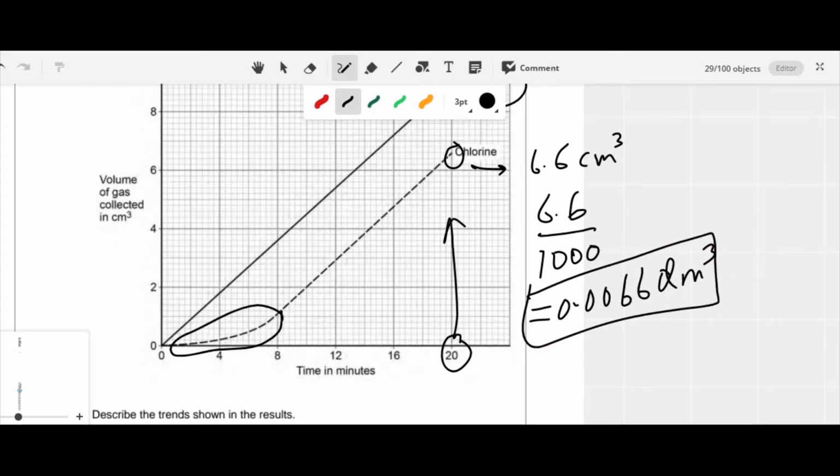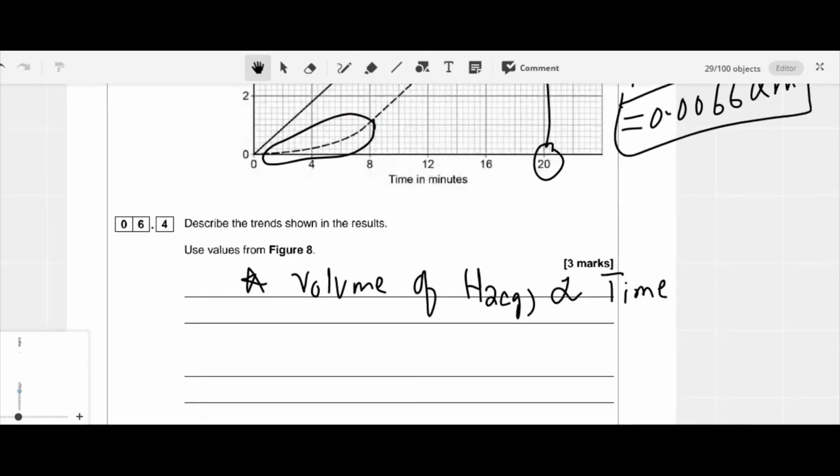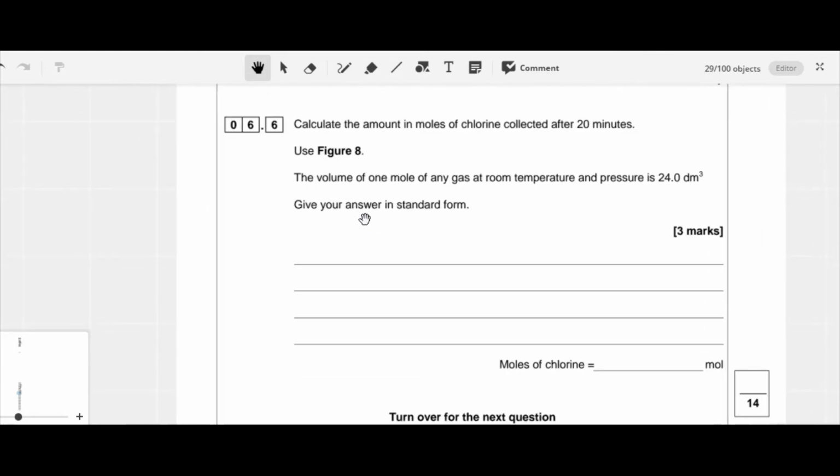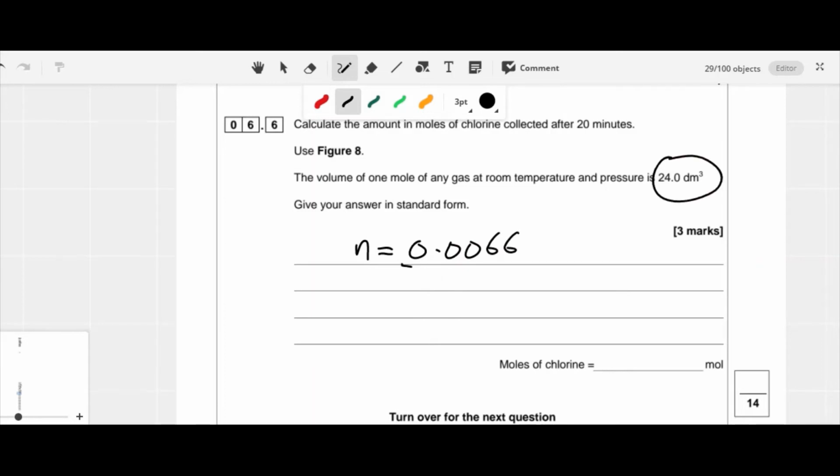Now we need to calculate the amount in moles of chlorine, given the volume of 1 mole of the gas. So n is equal to 0.0066 divided by 24.0.